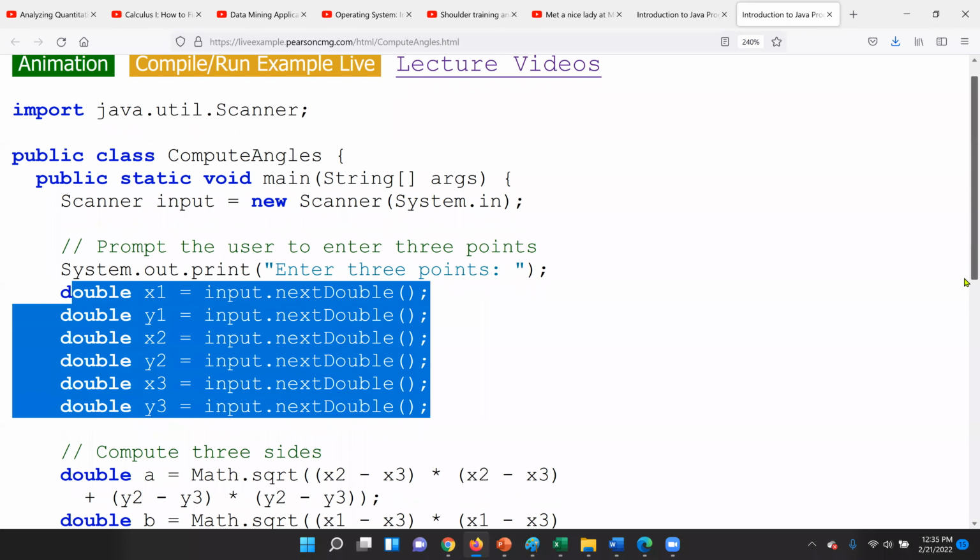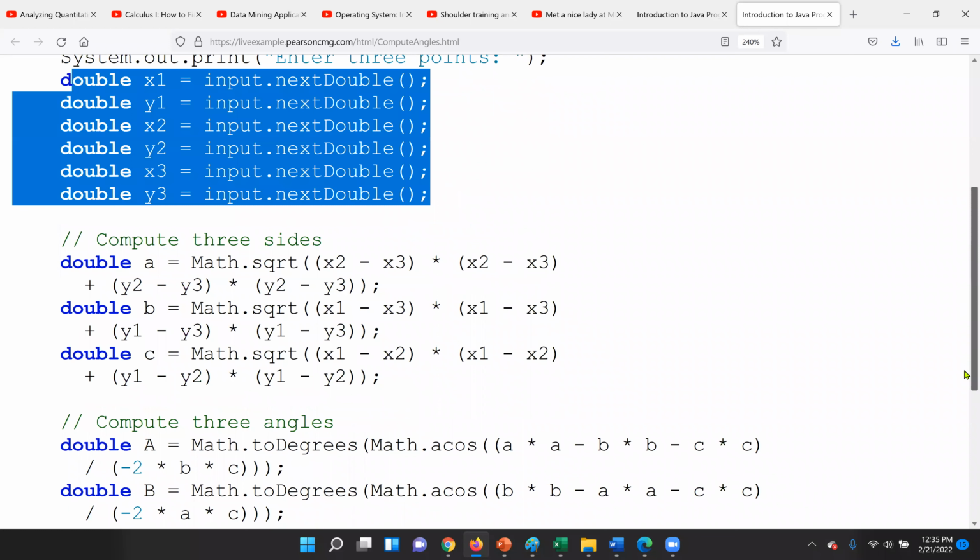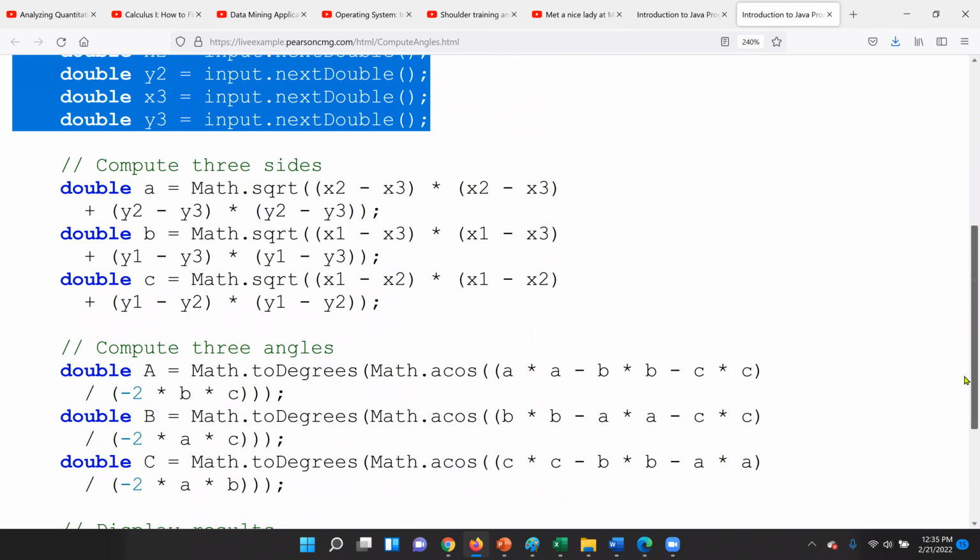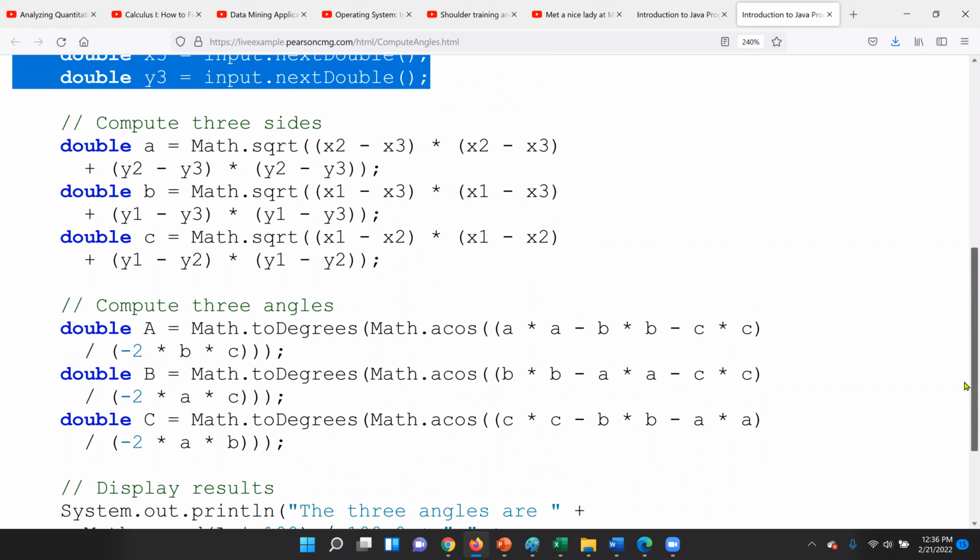Now we are done. We know the formulas. Let's convert the trigonometry formulas to Java. To find the side A, we use the Math.sqrt method: X2 minus X3 times X2 minus X3, which is X2 minus X3 squared, plus Y2 minus Y3 all squared also.